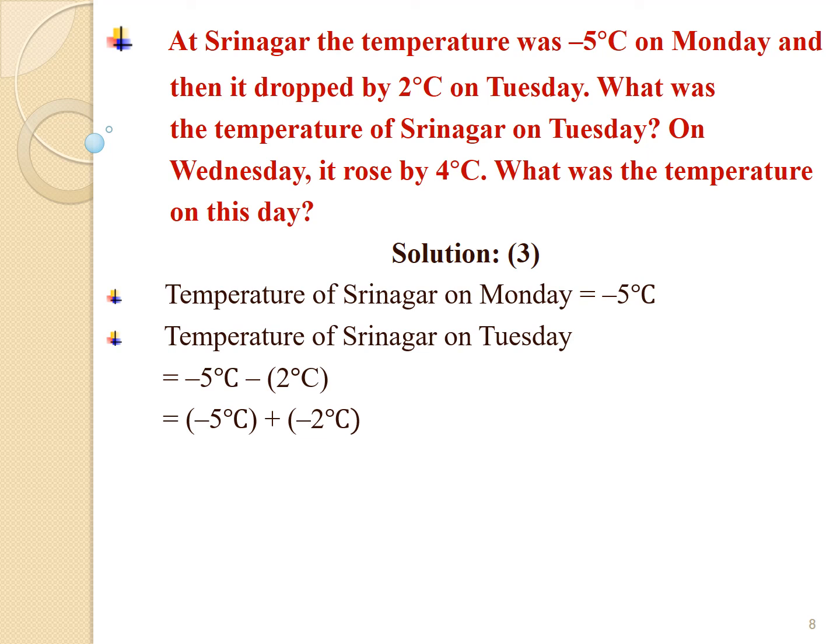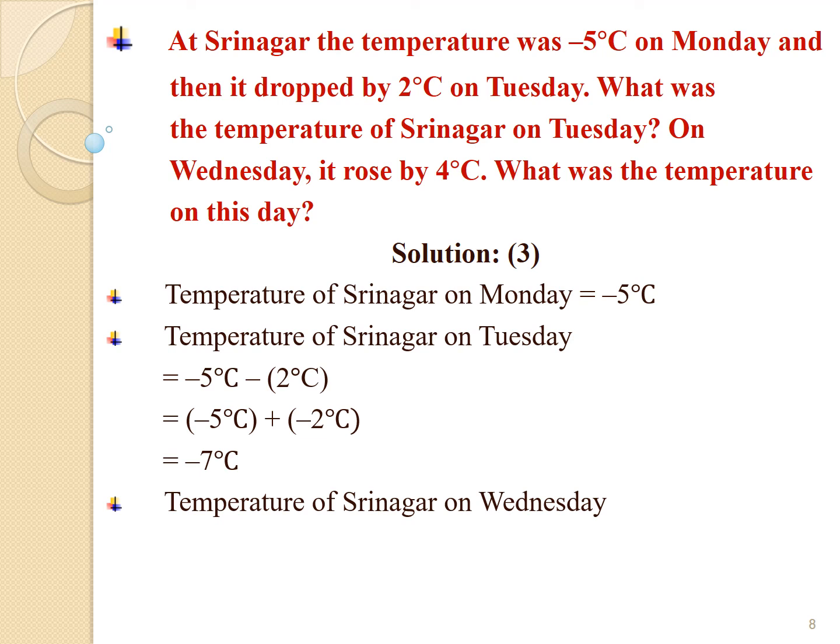Now adding 5 to 2, as both the integers have same sign, we get -7. Thus, the temperature of Srinagar on Tuesday is -7 degrees Celsius.